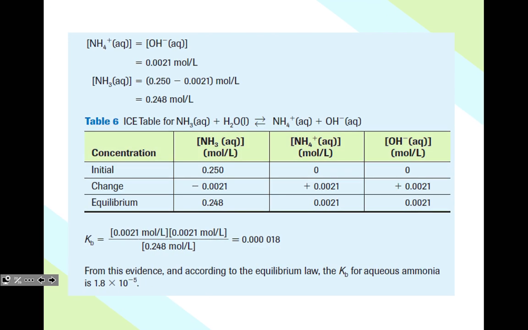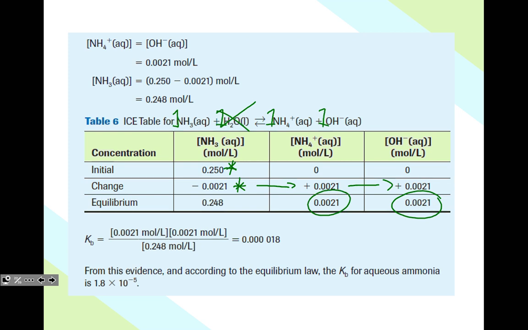Okay, so now we plot everything in. We have our initial concentration. We have our 0.0021. In this case here, it's a 1 to 1 to 1 to 1 ratio. We're not including water, so we're not even going to worry about it. So this is the same throughout. This is going to be the same, right, because you're adding 0 to this.